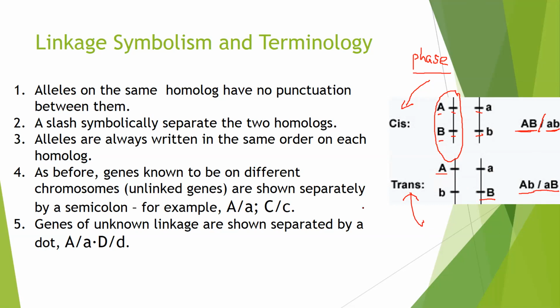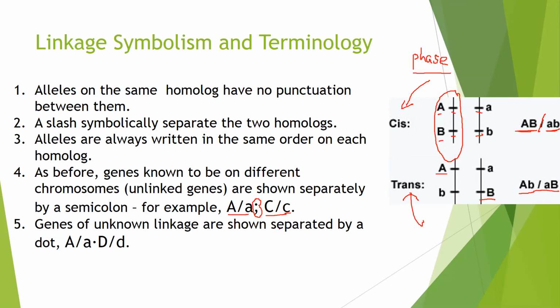Okay. Now, when we look back, previously, when two genes are independently assorted, which means they are on different chromosomes, and we knew this, we use the semicolon to separate them. This means they are independent, so they are not linked.